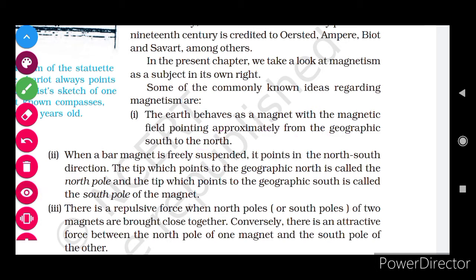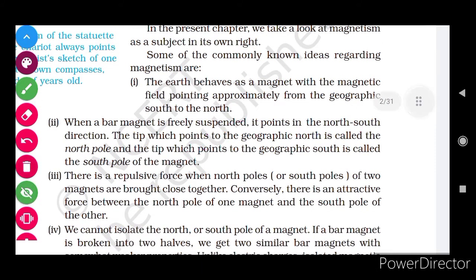Now the second point. When a bar magnet is freely suspended, it points in the north-south direction. We have already seen that the tip which points to the geographical north is called the north pole, and the tip which points to the geographical south is called the south pole of the magnet. There is a lot of confusion on this, and when we learn about it more, we'll understand.